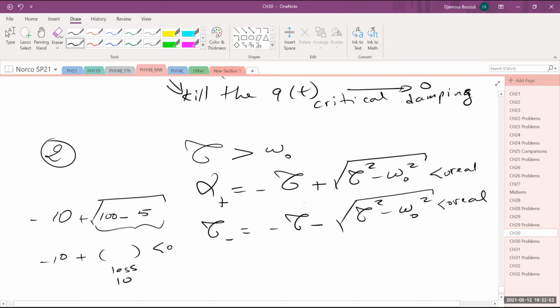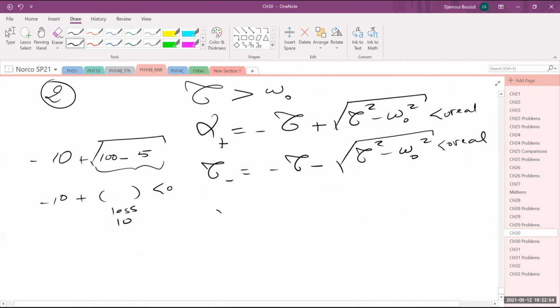So the solution in this case for Q sub t will be some constant times the exponential of negative alpha plus t, and this decays to 0 also. Why does it decay to 0? Let me write it completely, explicitly.